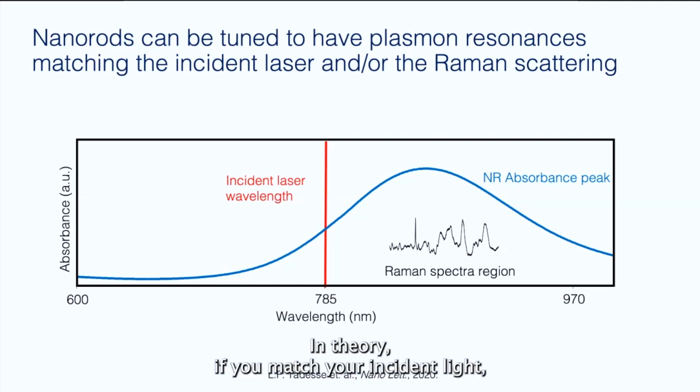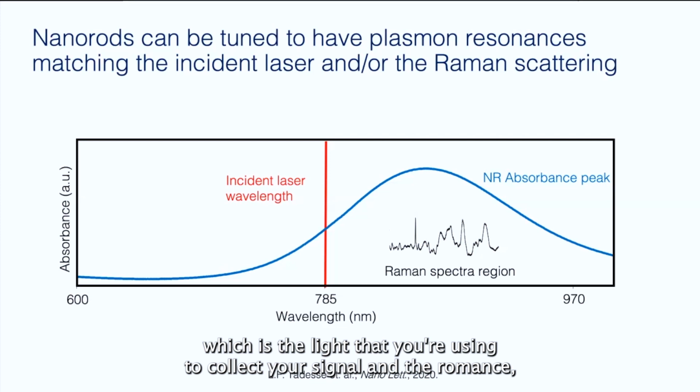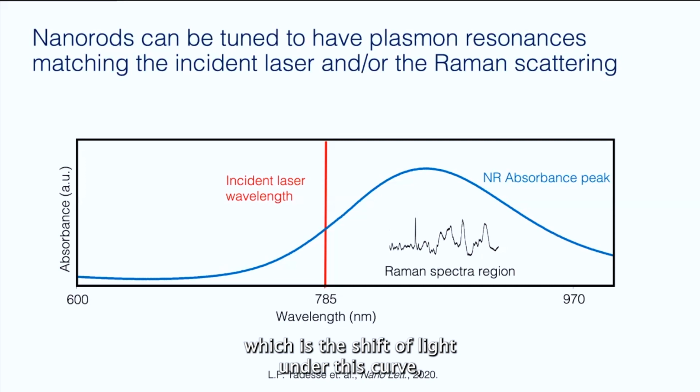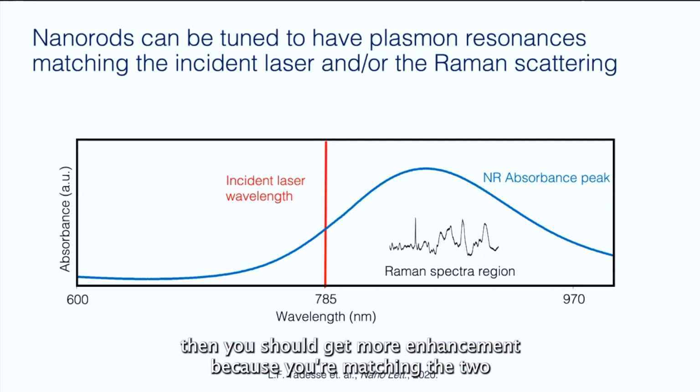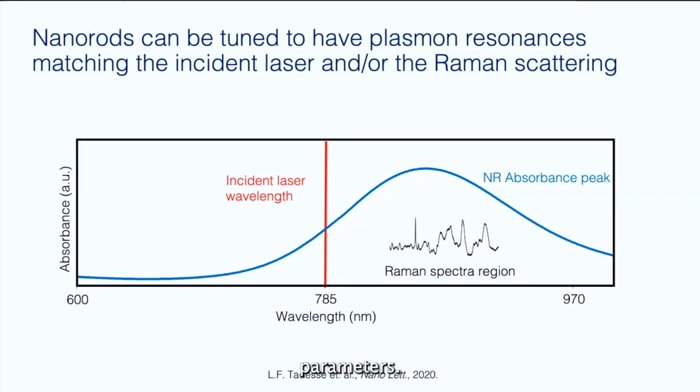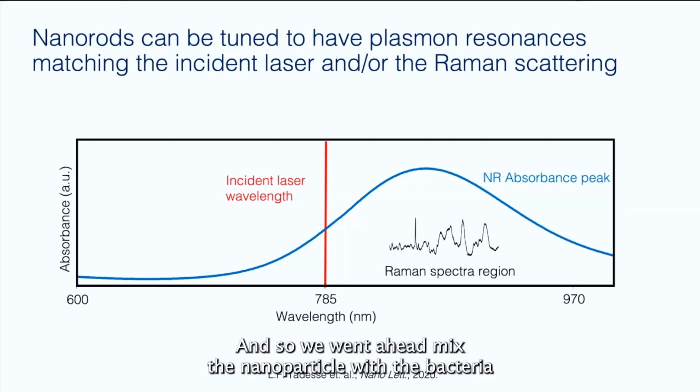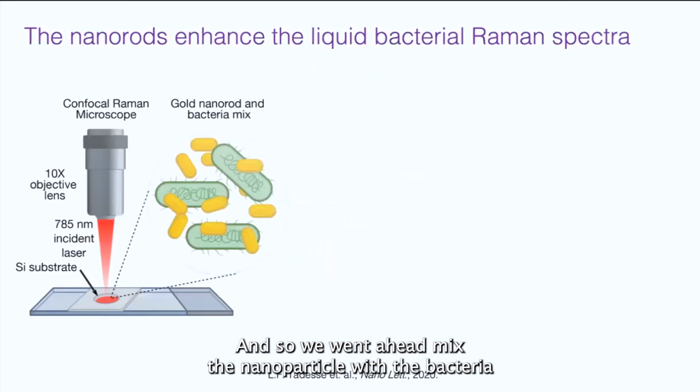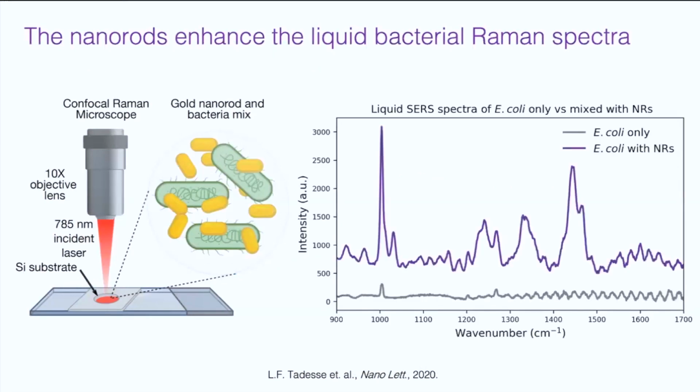In theory, if you match your incident light, which is the light that you're using to collect your signal, and the Raman scattered light, which is the shifted light, under this curve, then you should get more enhancement because you're matching the two parameters. And so we went ahead, mixed the nanoparticle with the bacteria.